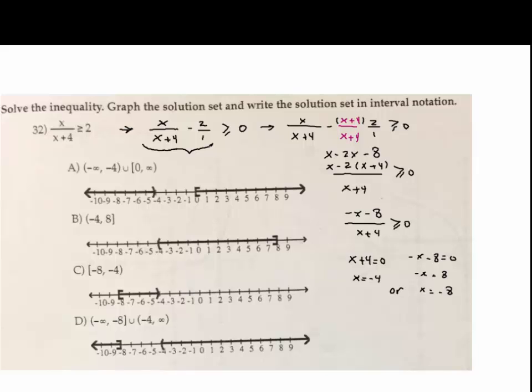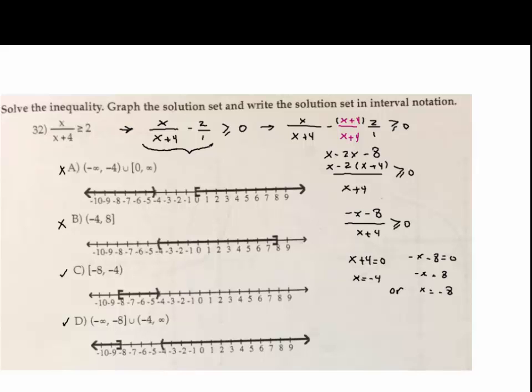So let's locate minus 4 and minus 8. It looks to me that the possibility for the correct answer would be either C or D; it cannot be B, and it cannot be A. Does that make sense so far?